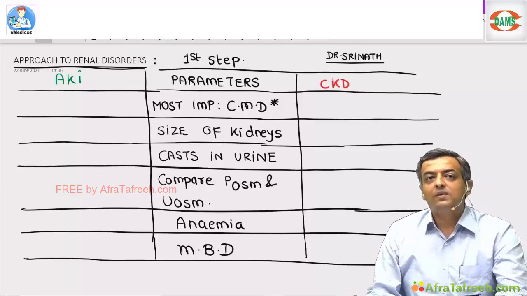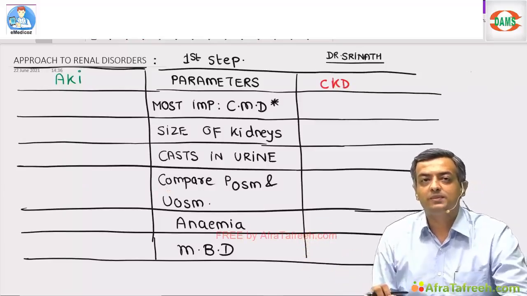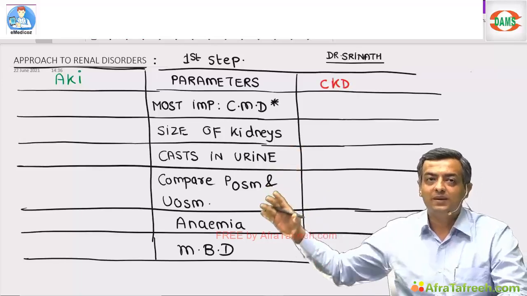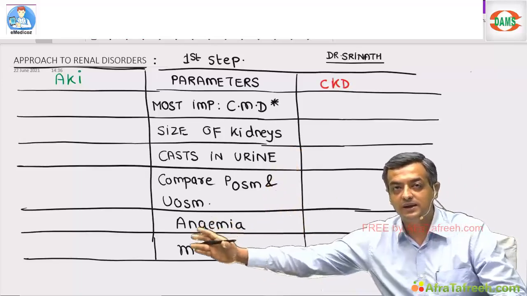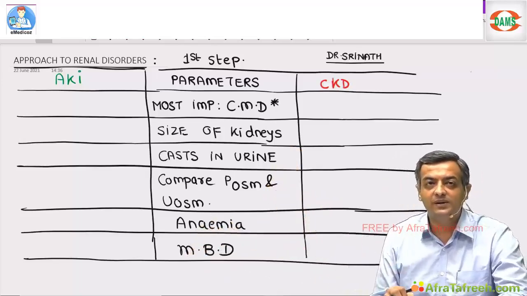But if you have not watched them, maybe you could watch them before you come back to this approach table. All these parameters together will help us differentiate whether it is an acute disease or a chronic disease. Take it forward, please.